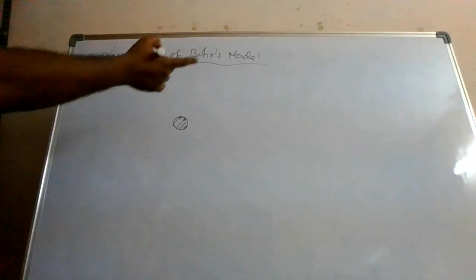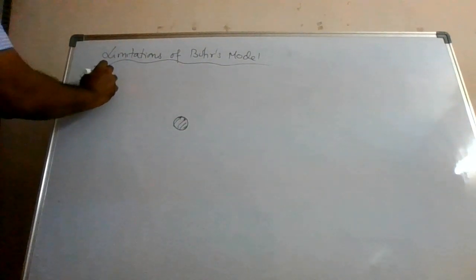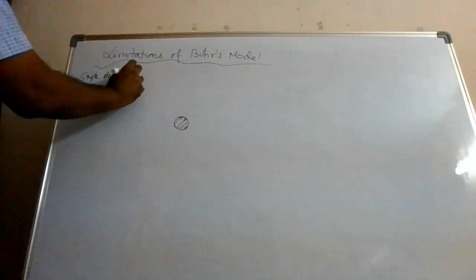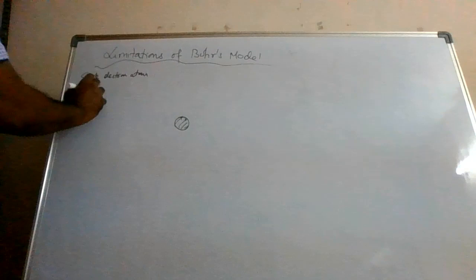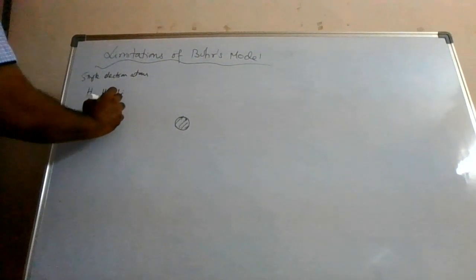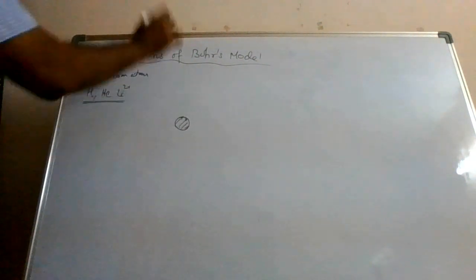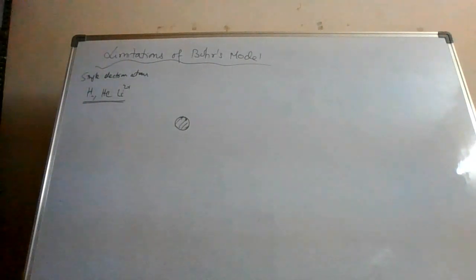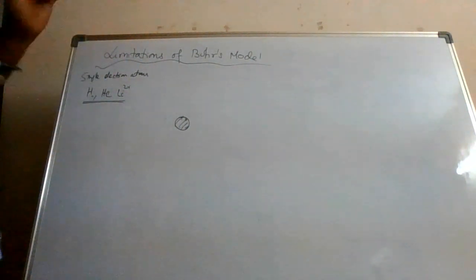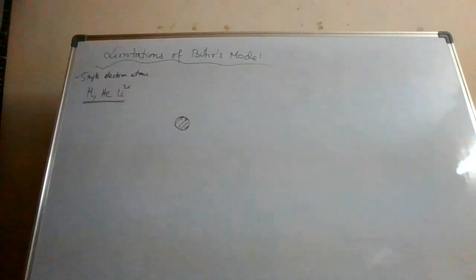Okay, so single electron atoms, like hydrogen, then helium, lithium. For such things, it is okay. This model is okay for this type of single electron atoms. But for multiple electron atoms, there are some limitations. They are not very accurate.